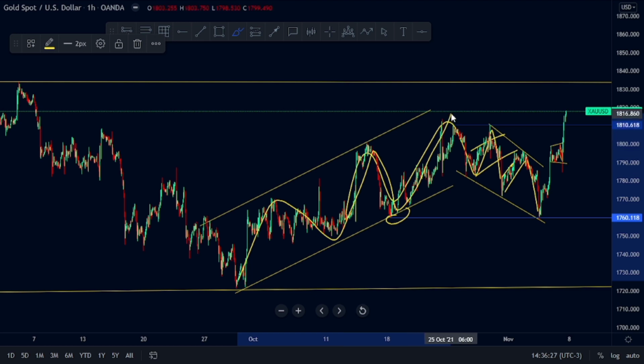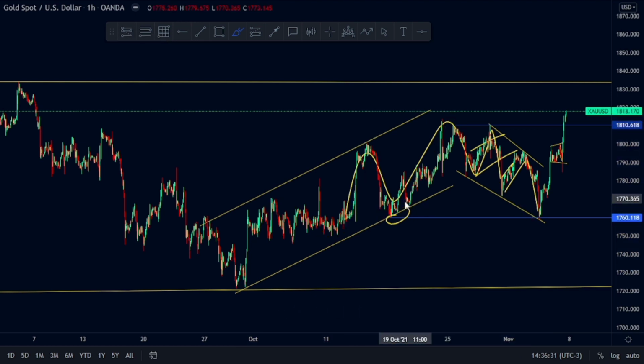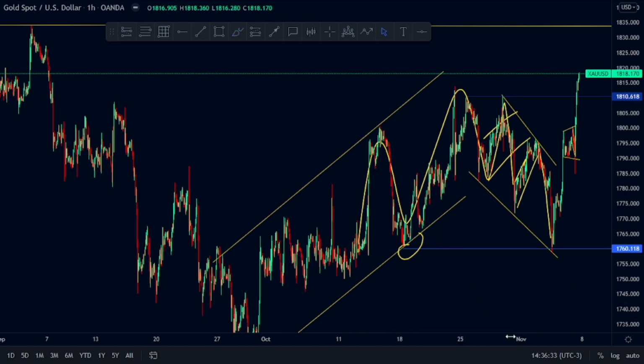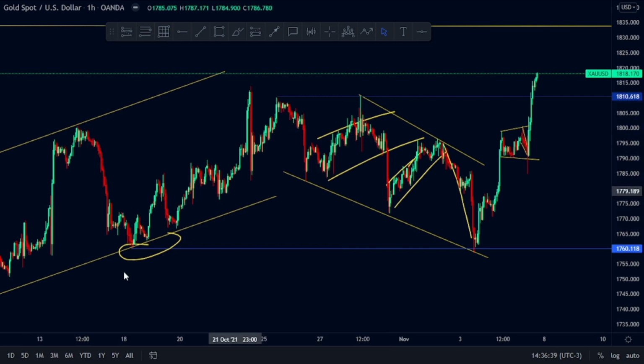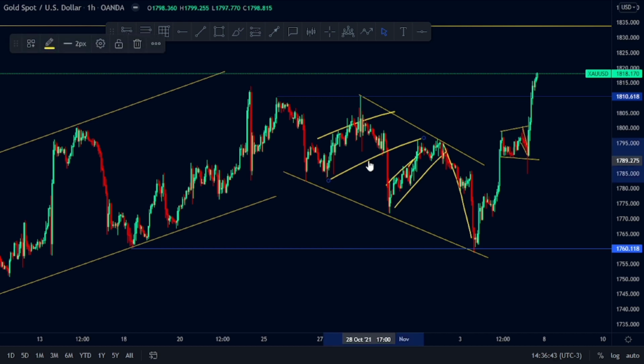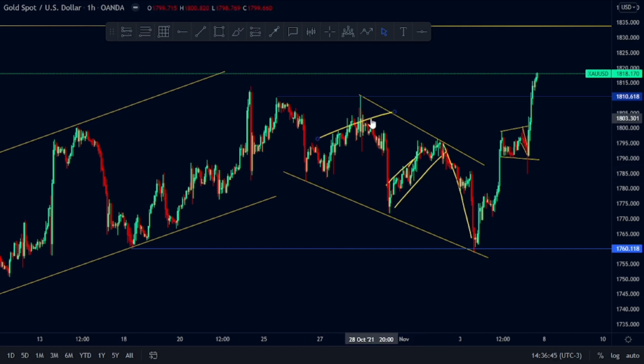Then it went up to give us a high, and it failed to violate the previous higher low. That's why price reversed from that level. Hence I was saying to you that we have to make room for this channel based on how price is moving. We're looking for selling opportunities, but we have to keep our mind neutral in case this happens, which is what really happened.